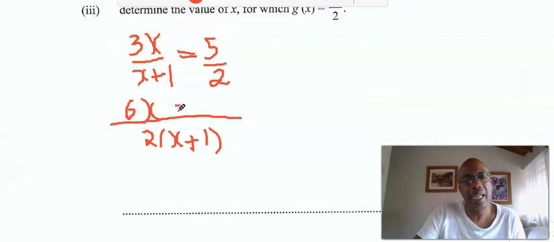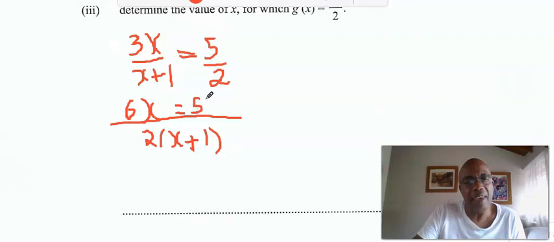The equal sign, and do the same for the right side. I divide 2 into 2 times x plus 1. I will get the answer as x plus 1 because the 2's will cancel out. And 5 times x plus 1, let me write it all out, so I'll simplify in a while.